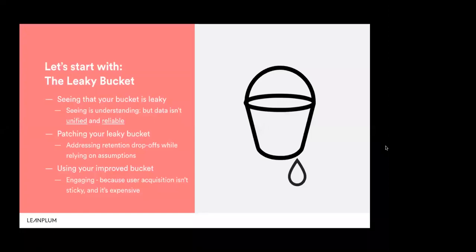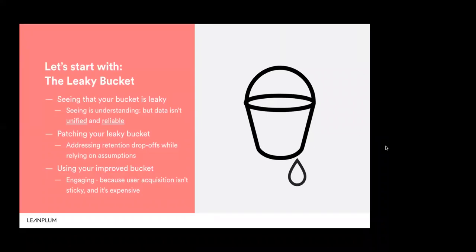One source may say that your monthly active users is one number. Another source may say that it's an entirely different number. Depends on which source you're looking at. So if you look at a bucket and you can't even trust your eyes, then how do you even know where the leak is?